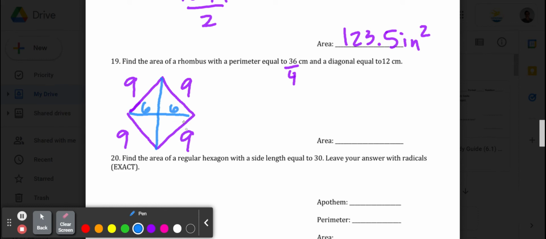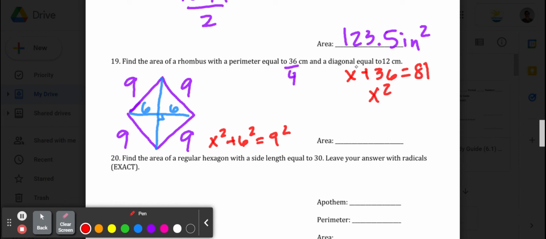So we have a Pythagorean theorem situation going on here. So we can get both diagonals. So this is going to be x squared plus 6 squared equals 9 squared as the hypotenuse. So that's 36 and 81. So we get x squared plus 36 equals 81, and subtract the 36. So, sorry, it's x squared equals 45, and square root it.